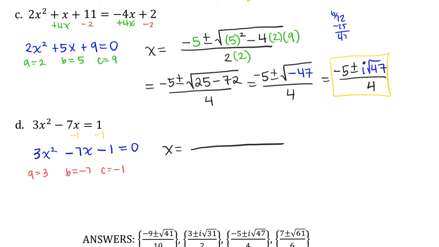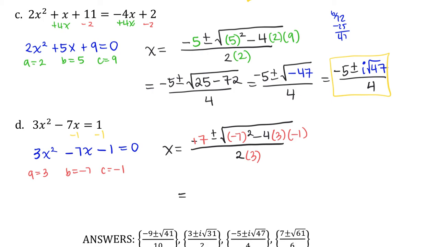So x equals negative b, negative 7, positive 7, plus or minus the square root b squared minus 4ac all over 2a. Okay, let's simplify this.